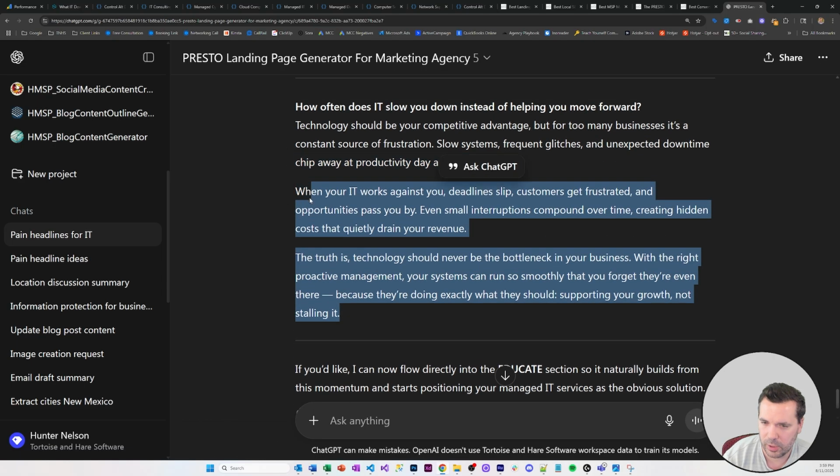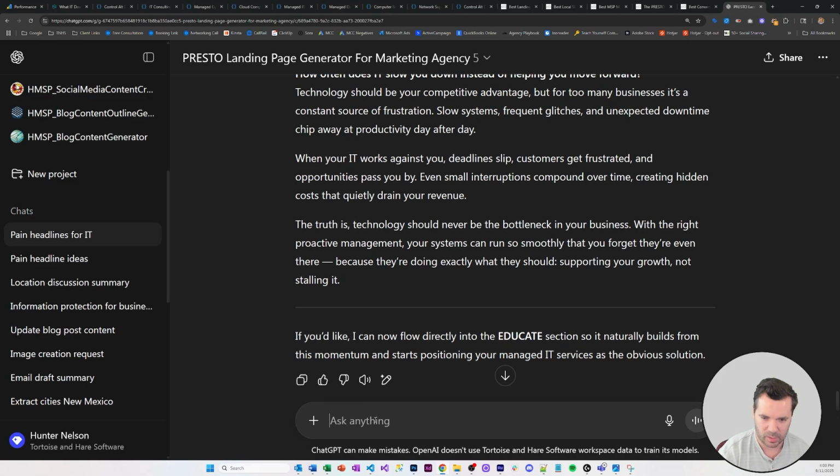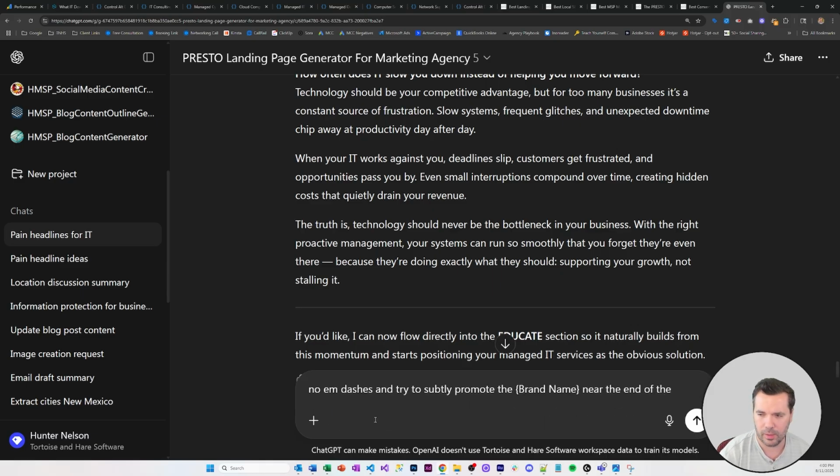Okay, this is actually not too bad. Let's just do a couple of tweaks here. Say no em dashes and try to subtly promote the brand name near the end of the section.